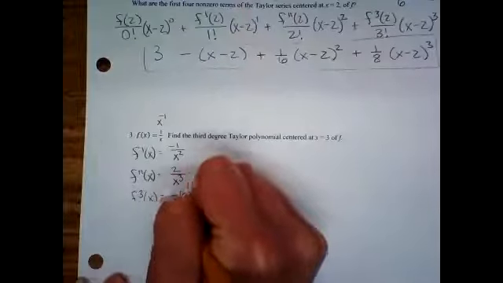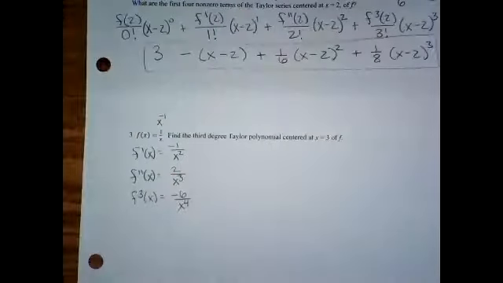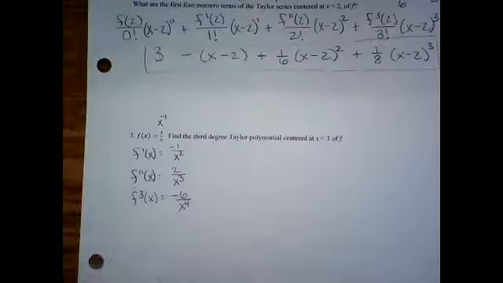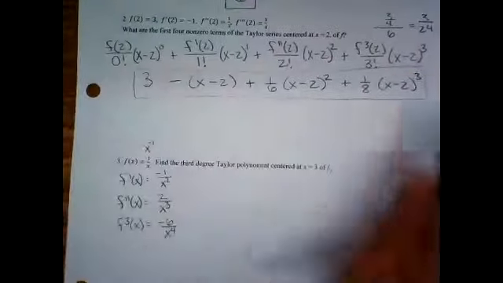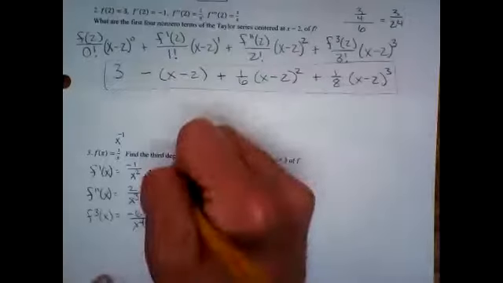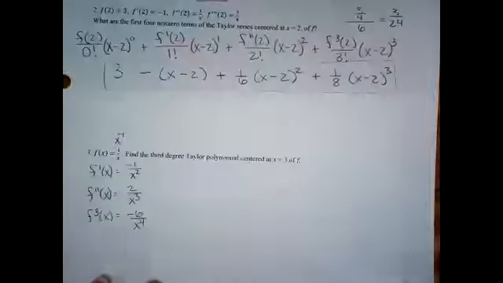Good. Why do we get to stop there? Third degree Taylor polynomial. Okay, I write this out every time. I guess if you don't want to, fine, it's just my suggestion. All right, what are we centered at? 3.